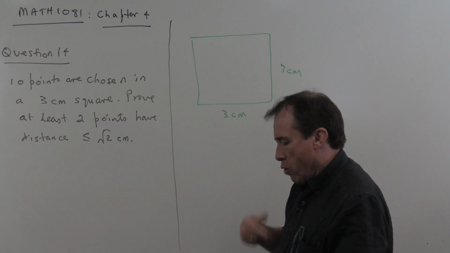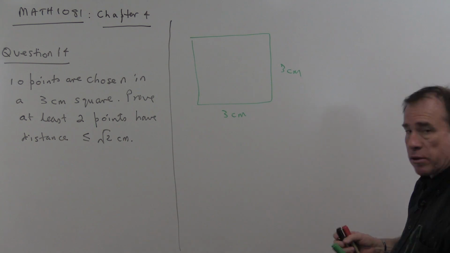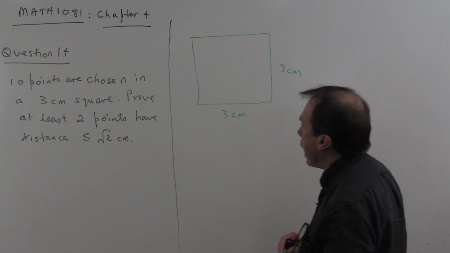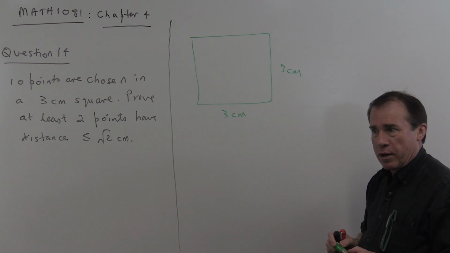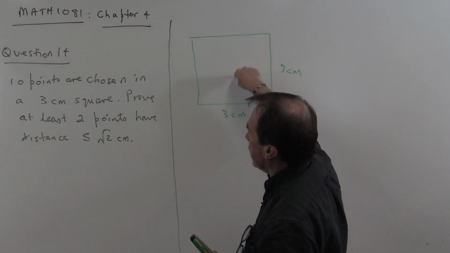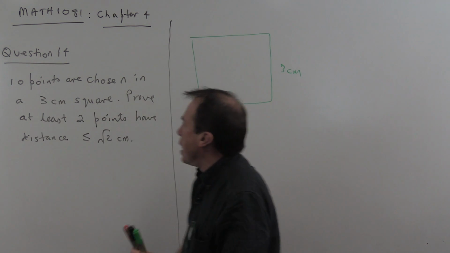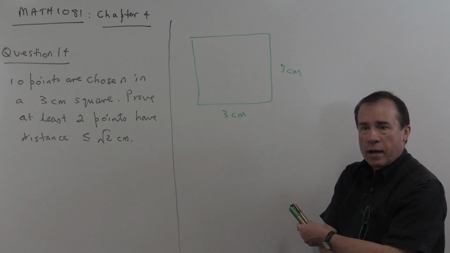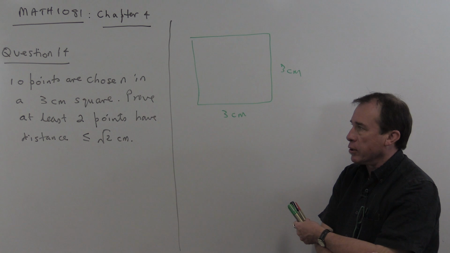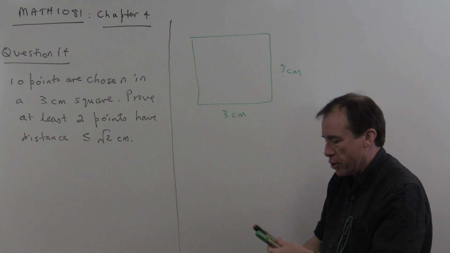So, in order to use the pigeonhole principle, whenever you're applying that concept, you need to work out what your pigeons are and what your pigeonholes are going to be. So my 10 darts, my 10 points, I'll think of those as my pigeons, and I need to get pigeonholes. So I need fewer than 10 pigeonholes to try and put them into.